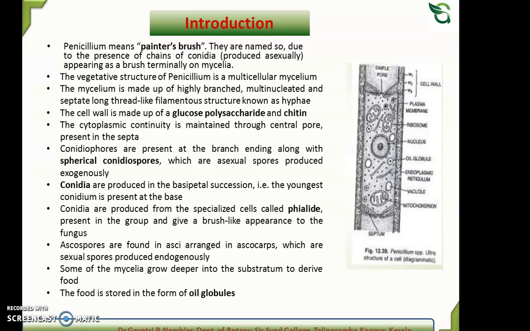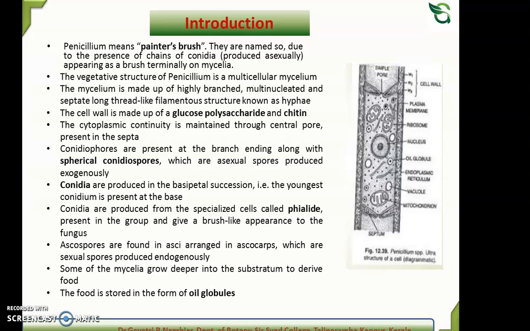From the mycelium, the fruit bodies, vegetative as well as sexual and asexual reproductive fruit bodies, are formed. So here in case of Penicillium, the hypha is highly branched, multinucleate and septate, and it appears in the form of a long thread-like filamentous structure.